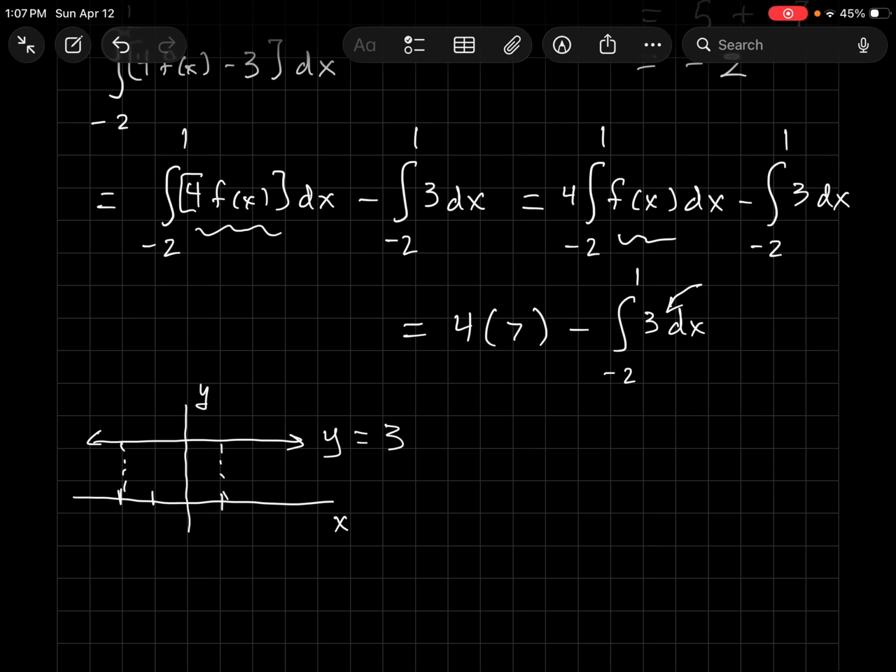And we know that the integral is an area, so how can I find the area of that piece? Simply, it's a rectangle whose height is 3 and whose base is coincidentally 3. So we get that the value of this back integral is 9, and the total original integral is 19.